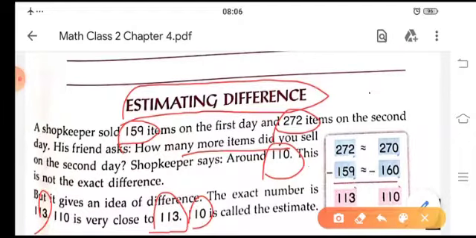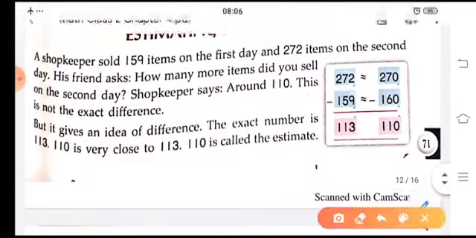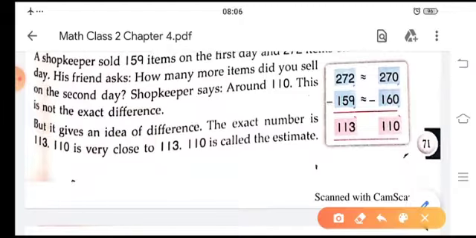Like in a previous class in addition, we have also done estimating. Okay, so here 272 becomes 270. So 159 becomes maybe 160. Okay, so we'll subtract: 10 minus 0, 0, then 6 minus 5, 1, 2 minus 1, 1.